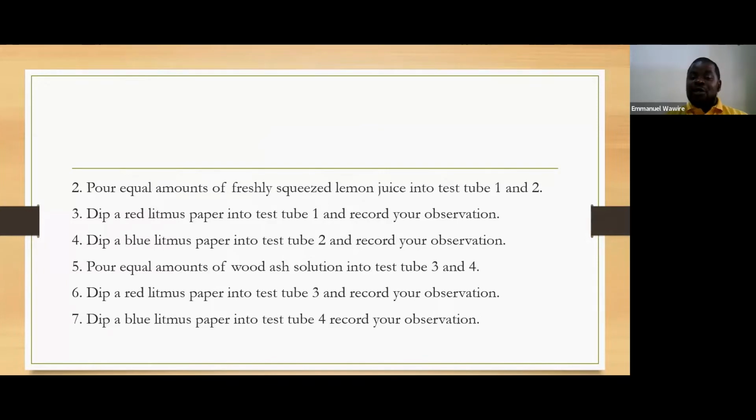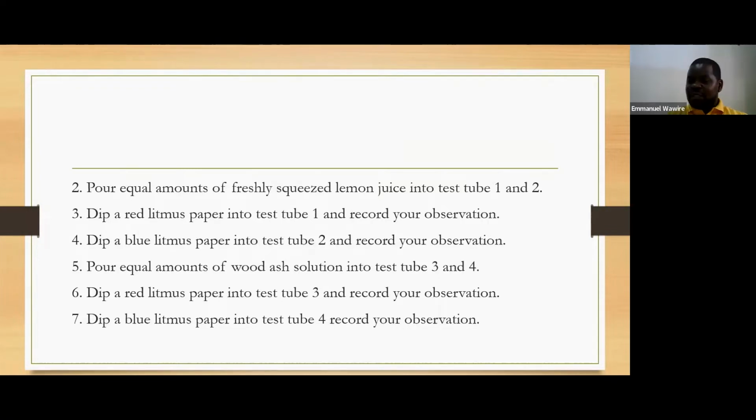So they need to pour equal amounts of freshly squeezed lemon juice into test tube 1. Once they have poured it, they now need to use the litmus paper and dip the red litmus paper into test tube 1. Once they have dipped, they need to record their observation.